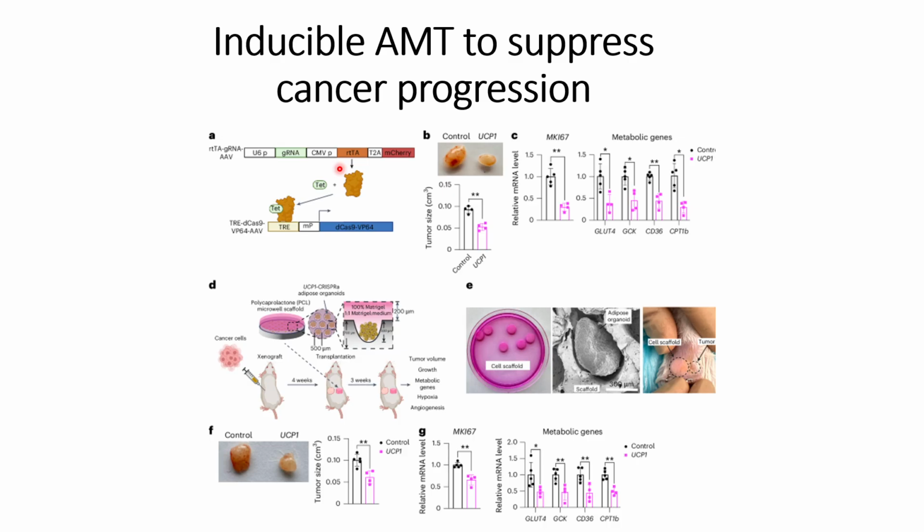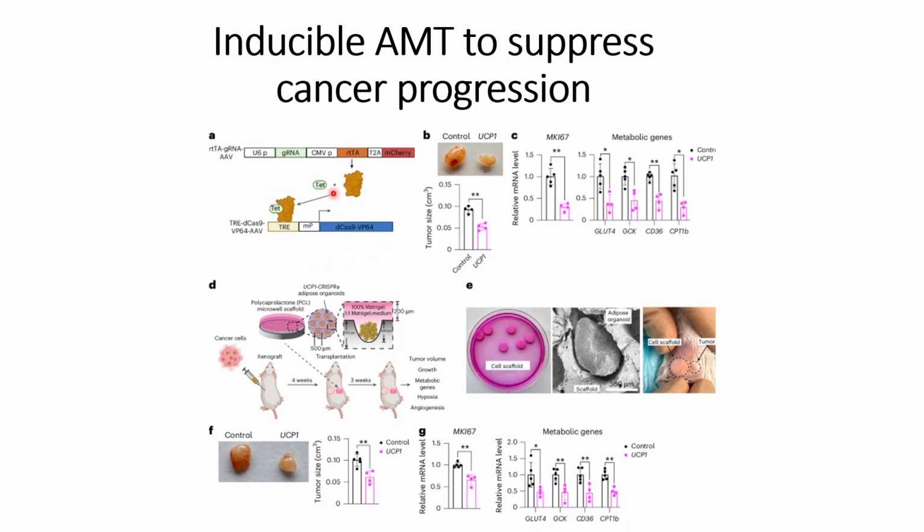When the doxycycline is not there, this RTTA is translated, but due to the absence of doxycycline or tetracycline, it does not form a complex with it, and it will not come and interact with this TRE to help in the translation of this second virus.